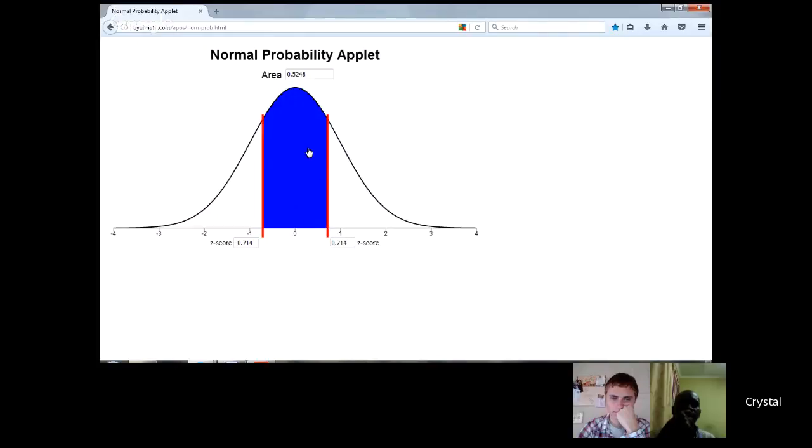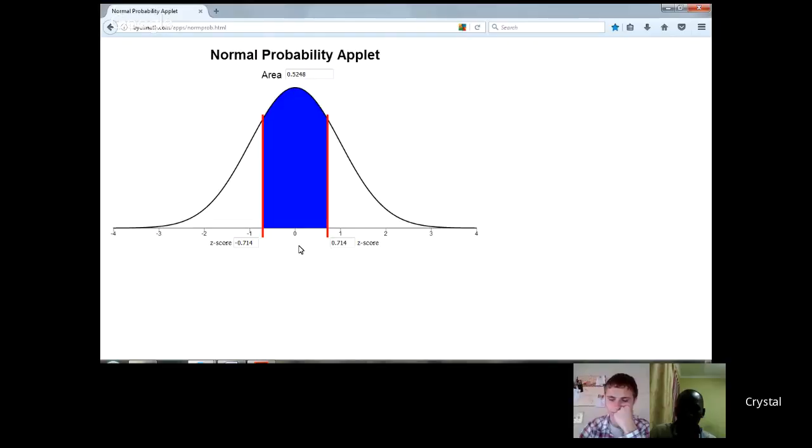Because they are equal to each other, we were able to just highlight the area in between to give us the probability of who needs this protein between the two of them.